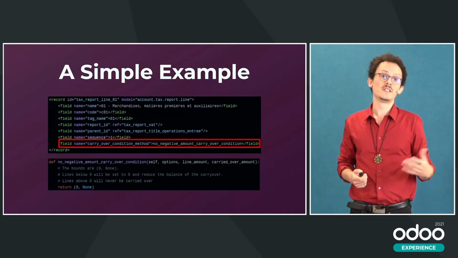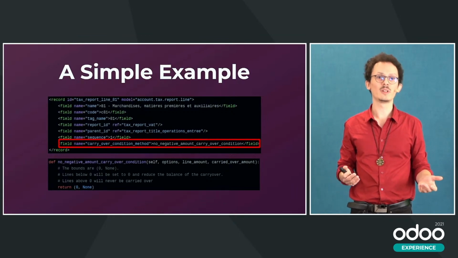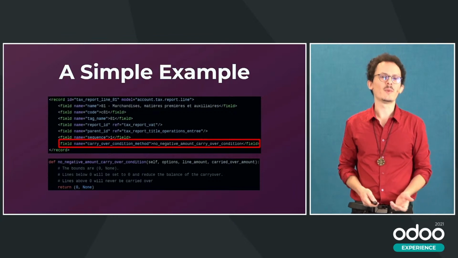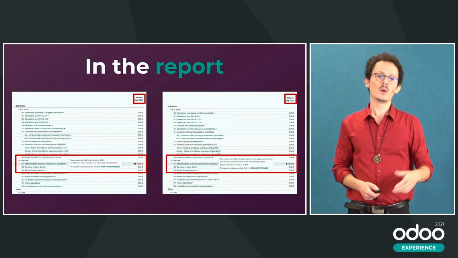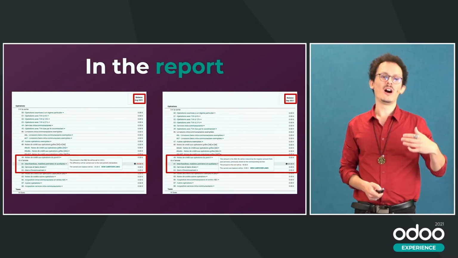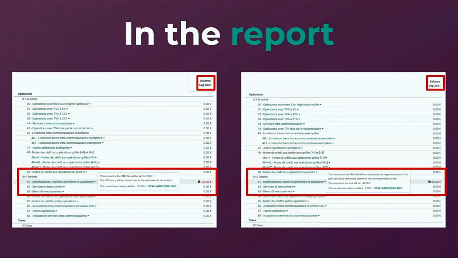Here, 0 as the lower bound because I want to carry over negative amounts, and None as the upper one because I don't want to carry over anything for positive amounts. And so with that, you can see that in the tax report, when I have a negative amount, on the left, minus 20 for August, it will get carried over in September here.